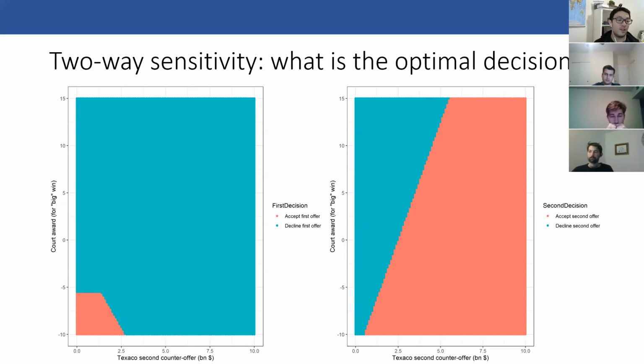And you can see that there is a decision space in which, if the payoff were negative for the court award, for some hypothetical reason, these are just made up numbers, or if it's below 2.5 billion in the counteroffer, there is a world in which I would accept the first offer rather than decline it.